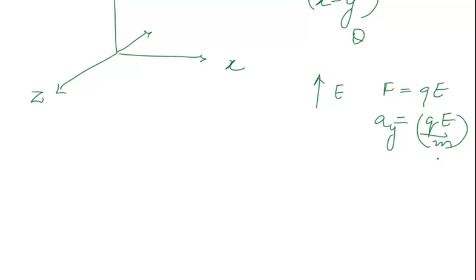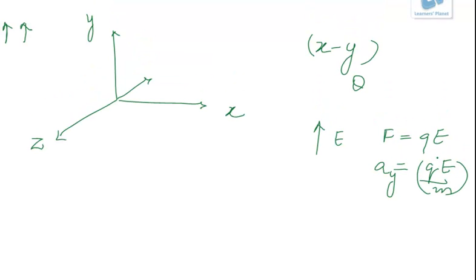Now whether it will move initially with zero velocity along the y direction or not will depend upon the component of its velocity v in the y direction. Sorry, this angle is theta. So velocity v has two components, one is vy and another is vx initially.